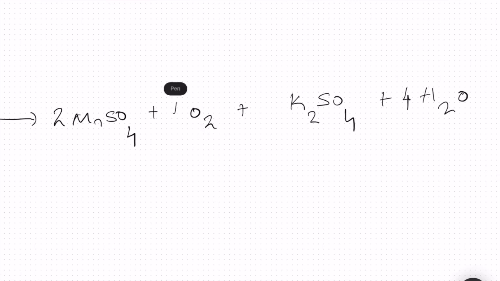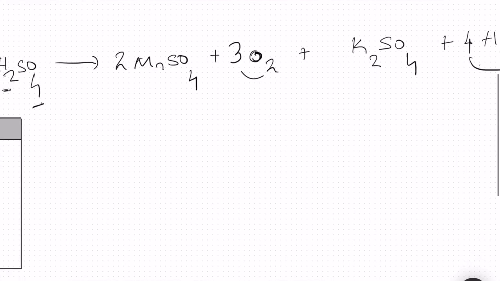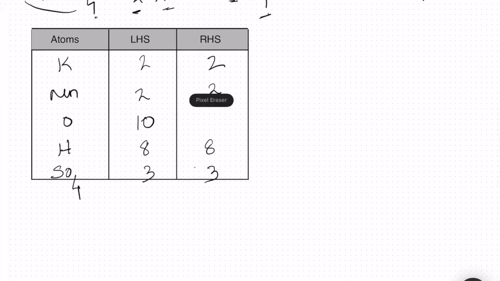If we were to multiply 4 to oxygen here, what would happen? We'll have 8 oxygen atoms and 4 oxygen atoms. So that is not the case either. How about 2 oxygen atoms? That's still 8. So we can add 3 oxygen atoms, which becomes 6 oxygen atoms, and then we'll have another 4 oxygen atoms here. So that makes the count 10. So we have successfully balanced this equation as well.